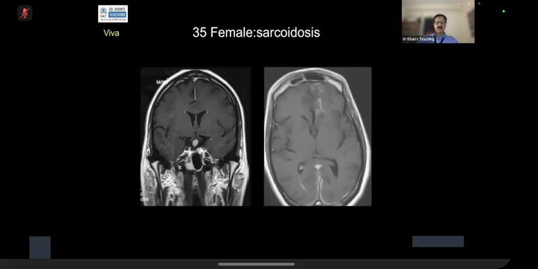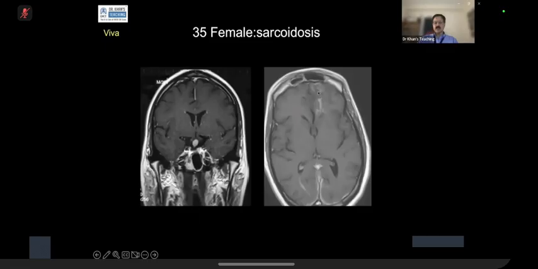Look at this case: sarcoidosis in the brain. Classical sites other than leptomeningeal and parenchymal enhancement is the infundibulum. This is the infundibulum, and there is a differential diagnosis of infundibular lesions, and sarcoidosis is one of them. If you look carefully at the meninges, the dura is enhancing. There is some sort of enhancement here.